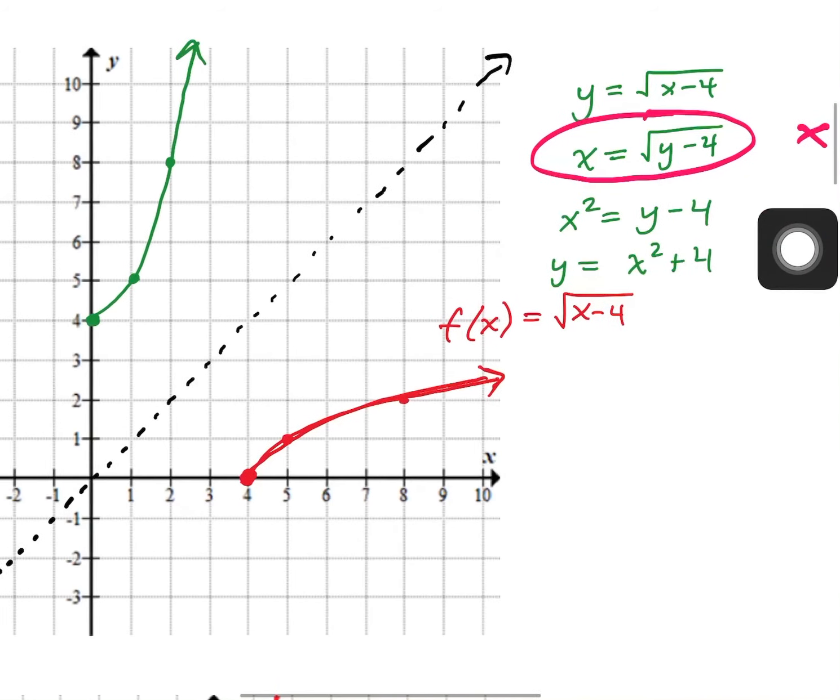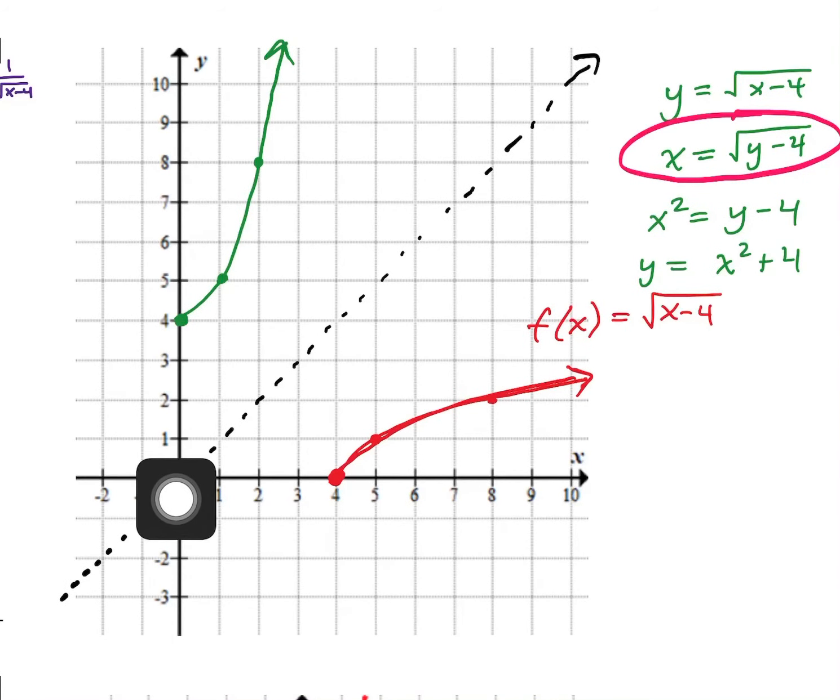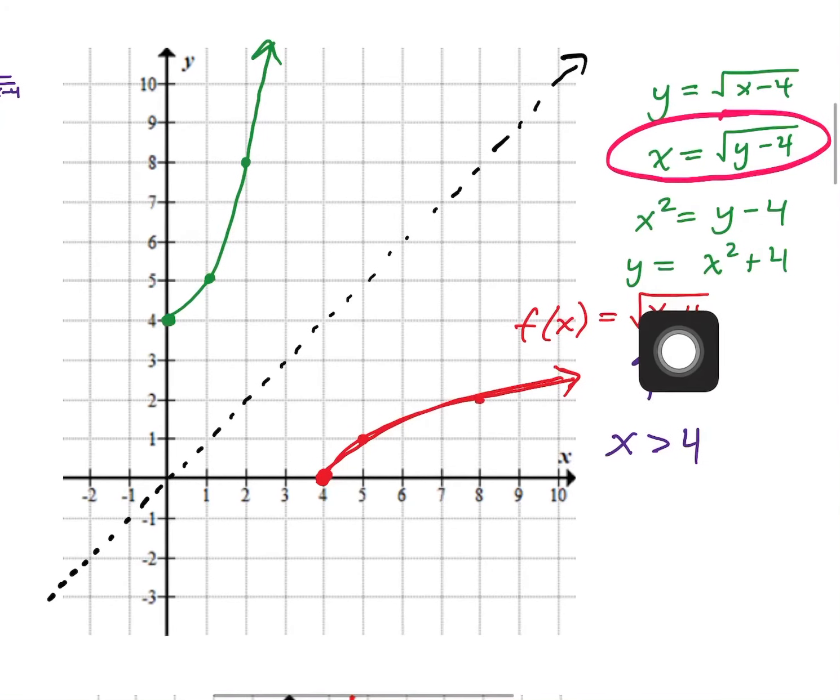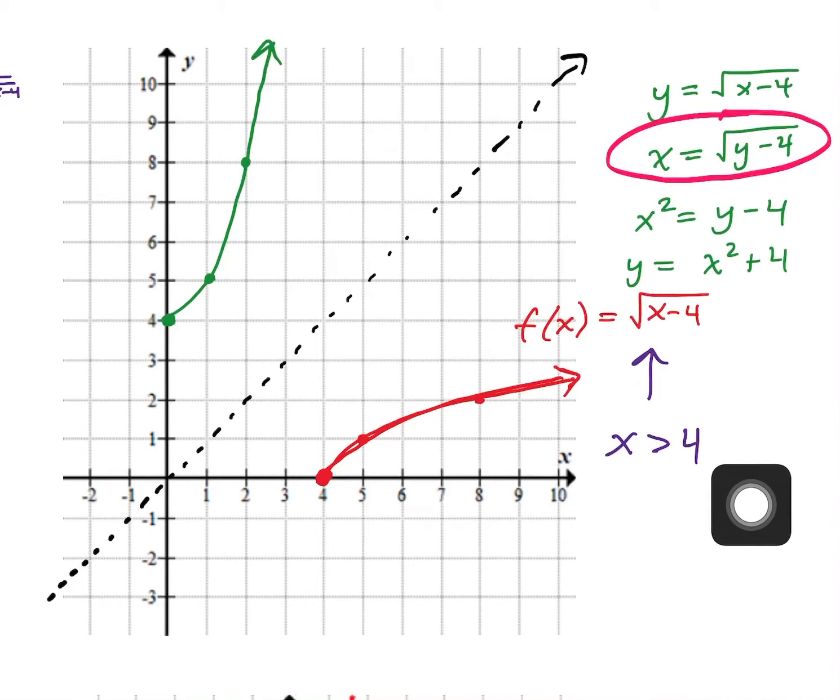So that's why my domain is restricted on the green function so that x is greater than 0. In the same way, the domain is restricted on the original function f so that x has to be greater than 4, because I can't put a negative in the radicand of a square root.